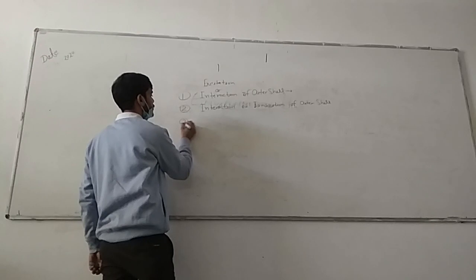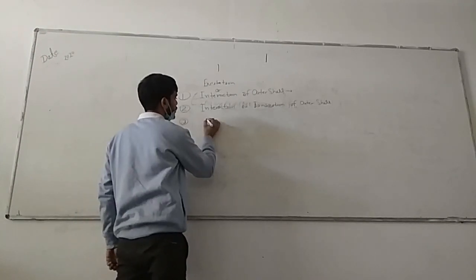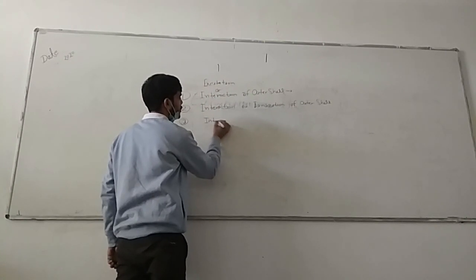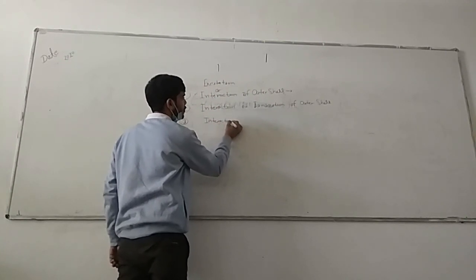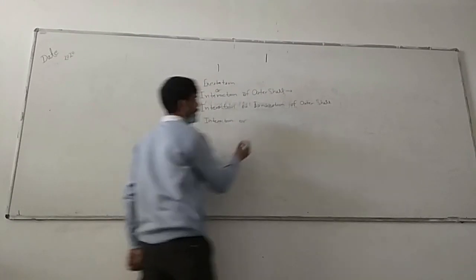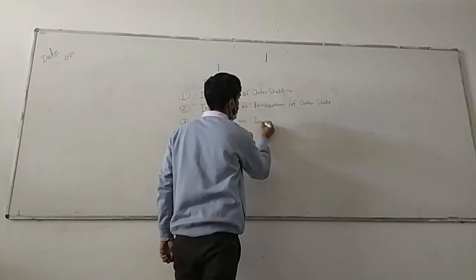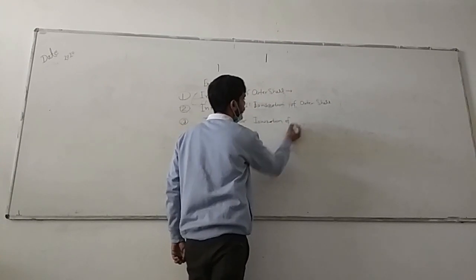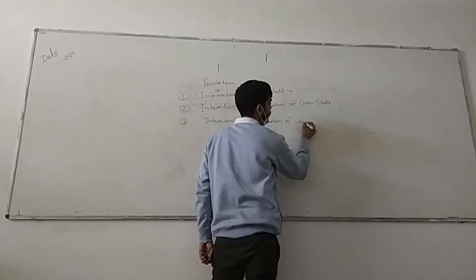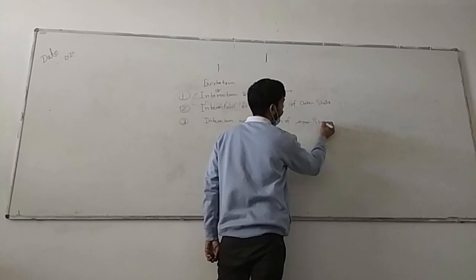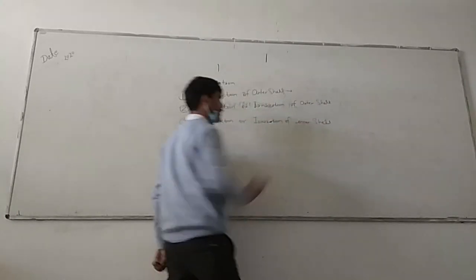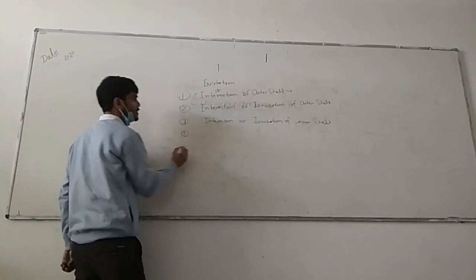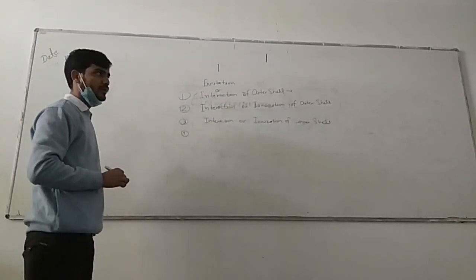Third one is interaction or ionization of inner shell, or it is also called orbit, that is present surrounding the nucleus.